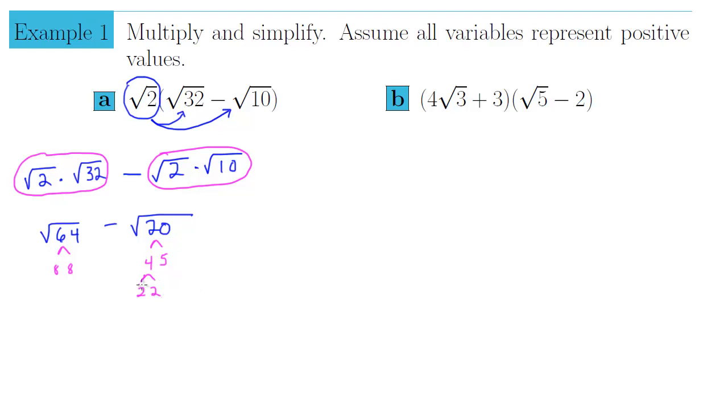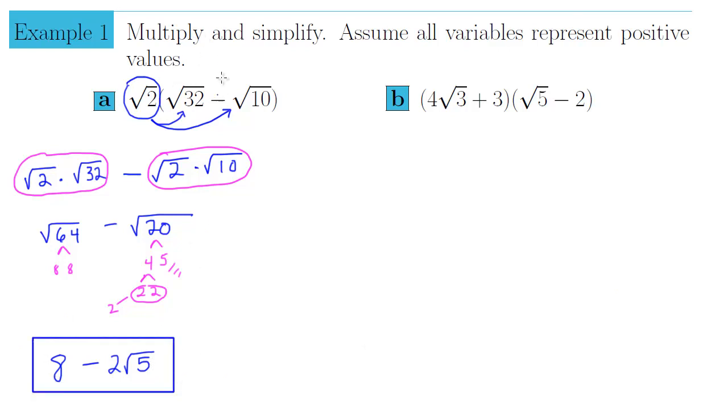So there's going to be a 2 outside and a 5 inside. So altogether, instead of square root of 64, I'm going to write 8 minus, instead of square root of 20, I have 2 root 5. 2 outside, 5 inside. So that is the simplified result of this multiplication.